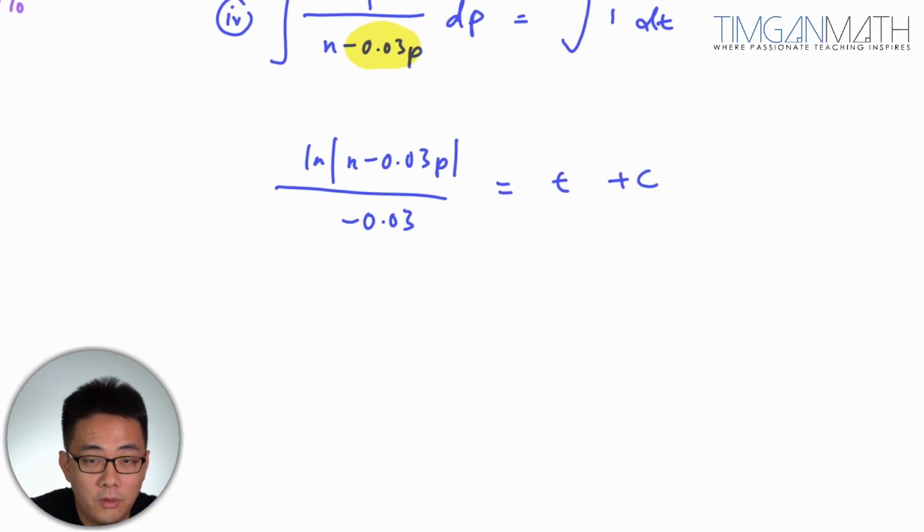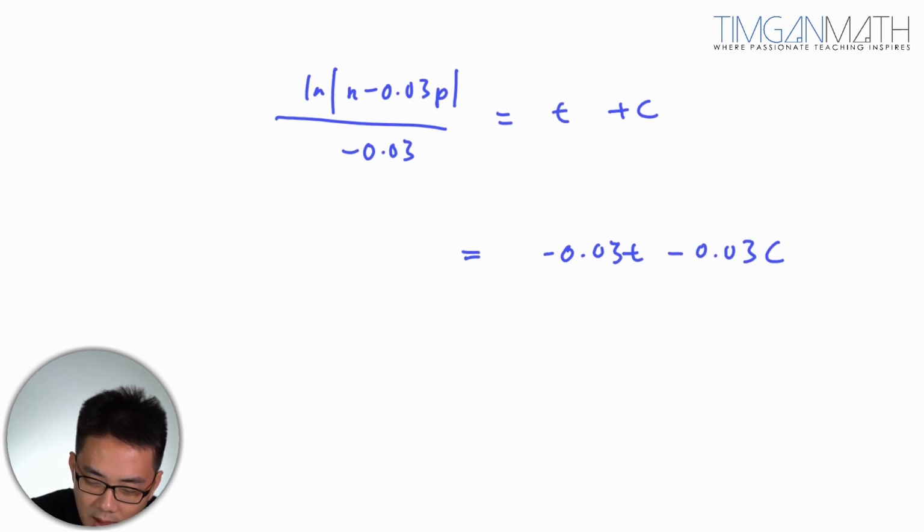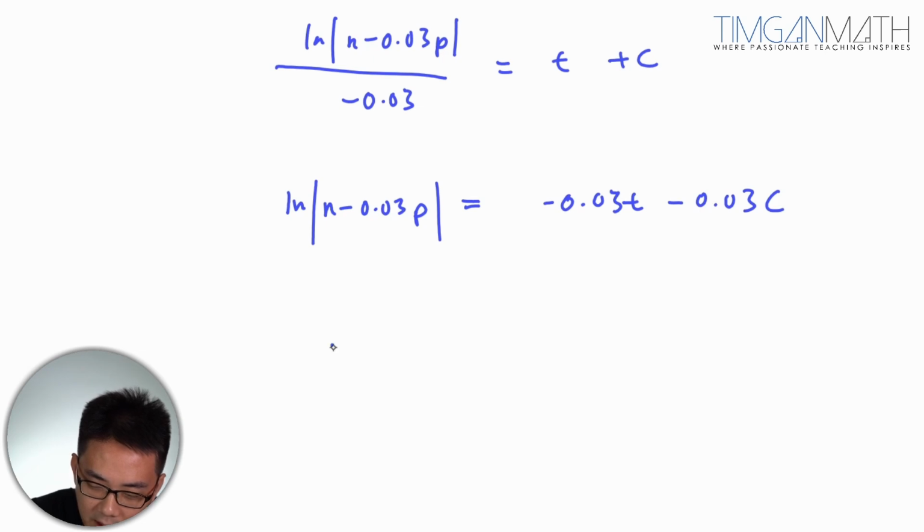Okay, so solving this would give us negative 0.03t plus a constant, and that will be ln(n minus 0.03P). Then after which we're going to have n minus 0.03P equals e to the minus 0.03t minus 0.03c. Maybe I'll just put an a there.